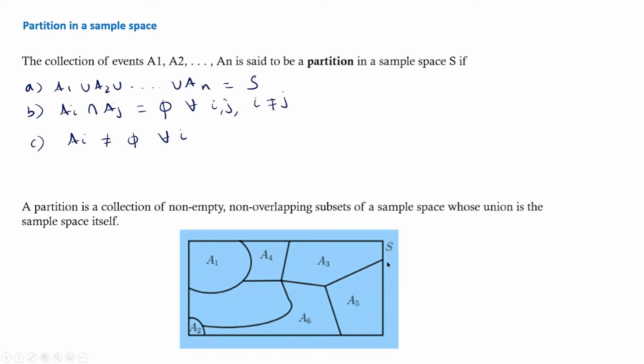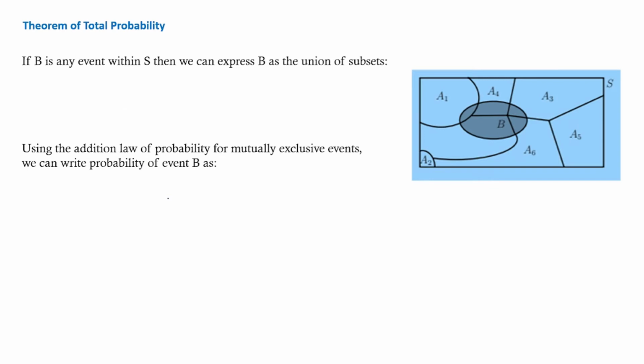Now we will see the law of total probability, or the theorem of total probability. Suppose we have an event B within the sample space S. Then we can express this event B as B is equal to B intersection A1 union B intersection A2 union up to B intersection AN.